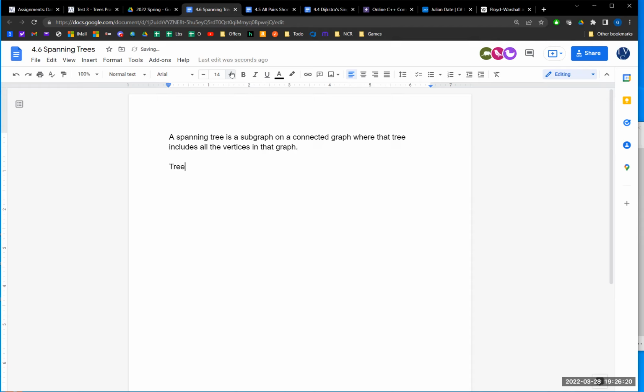Just remember, a tree is an acyclic graph, and there's lots of ways, right? The more cycles there are in a graph, the more spanning trees that can be built from that graph.